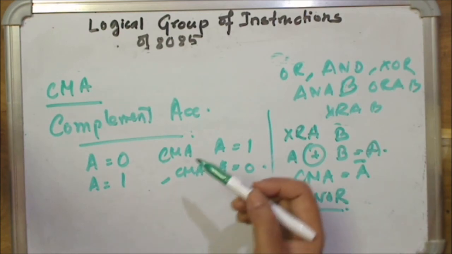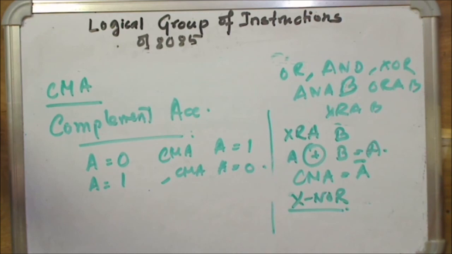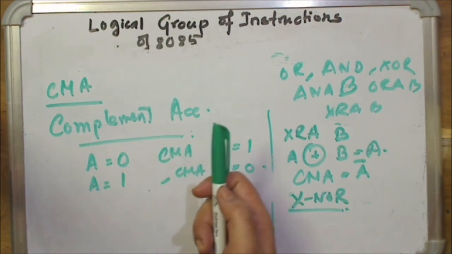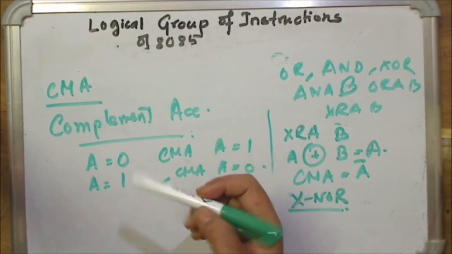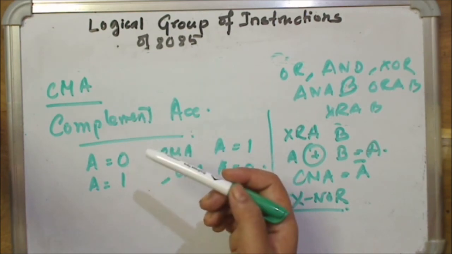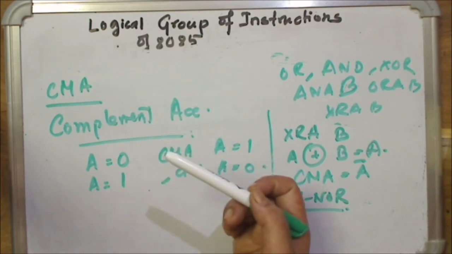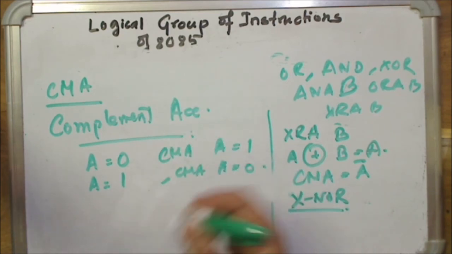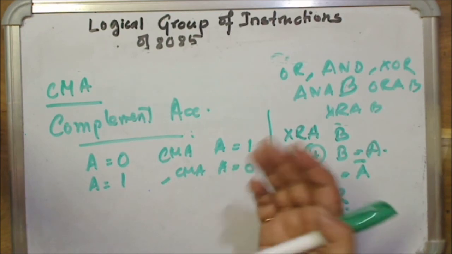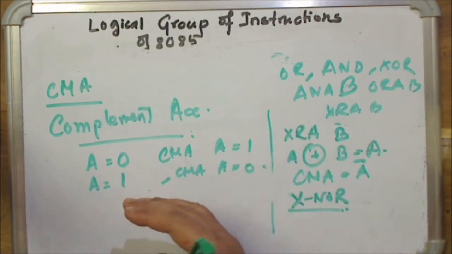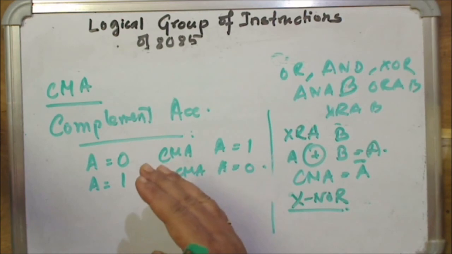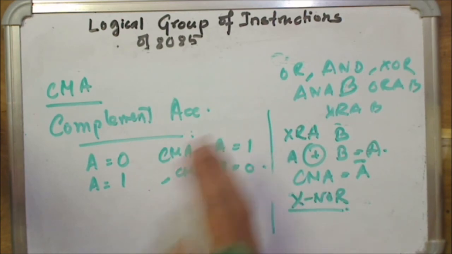So if I tell you to find the NOR value of the data stored in register A, what instructions will you use? You fetch the number from the memory location, then move the data into the accumulator.